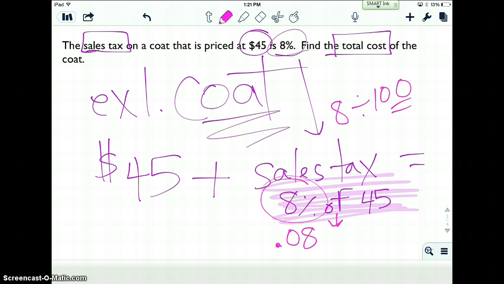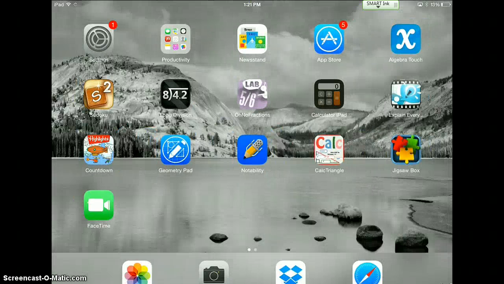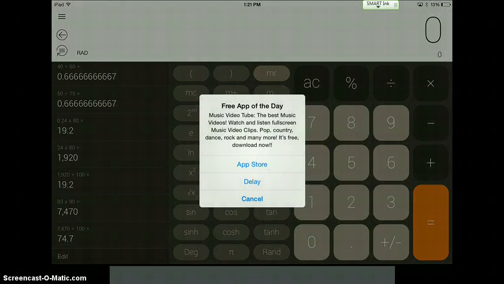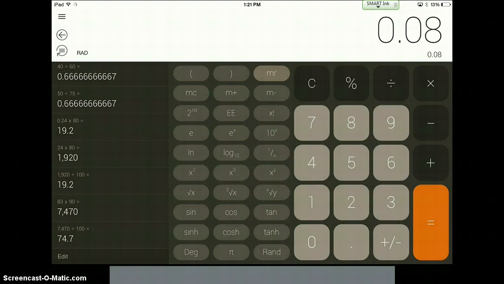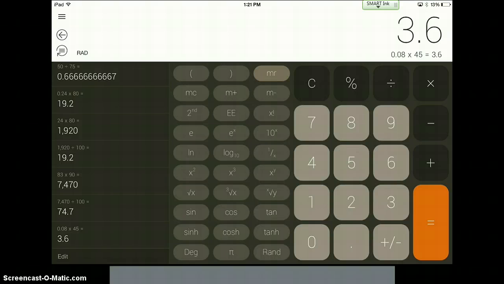Of means multiply. 45 means 45. It doesn't have a percent sign with it, so it's good. It's straight up 45. So 0.08 times 45, calculate that out. 0.08 times 45, and I'm at 3.6.